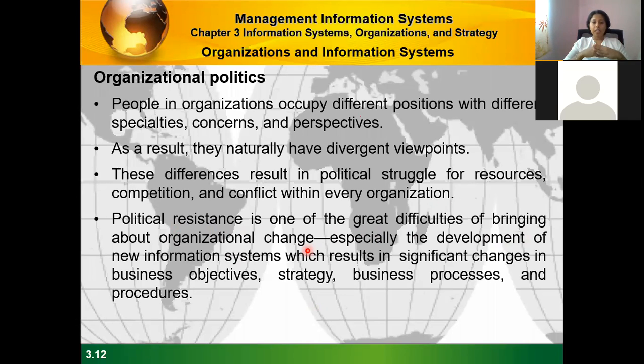Especially the development of new information systems which result in significant changes in business objectives, strategy, business processes and procedures. Because of this political resistance, an organization may face a huge difficulty when they try to introduce new technology to the organization.